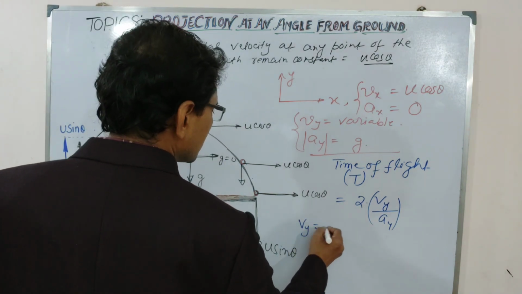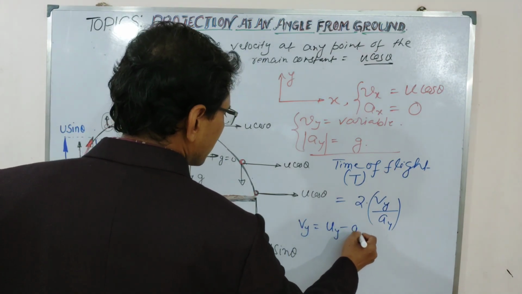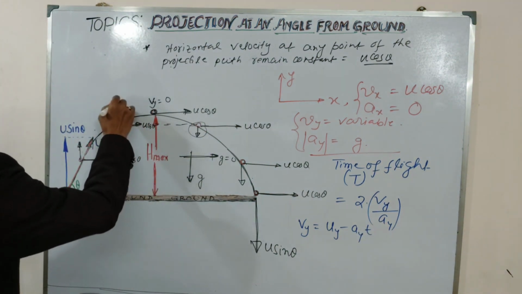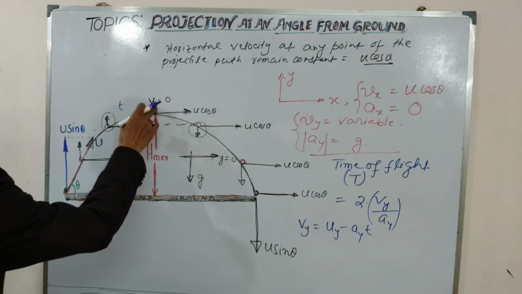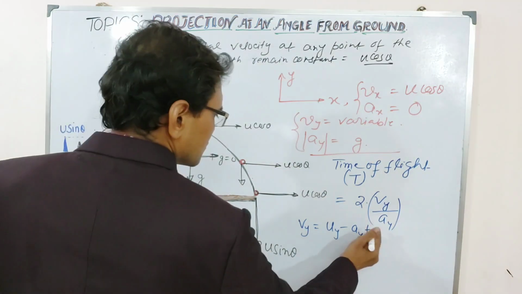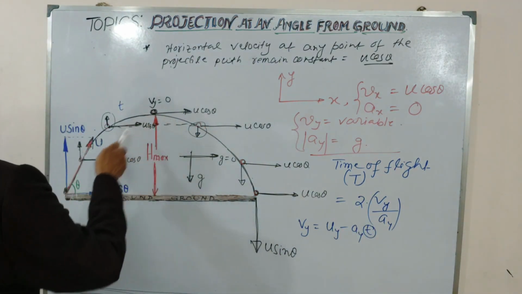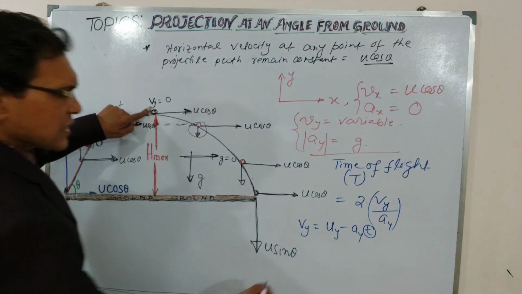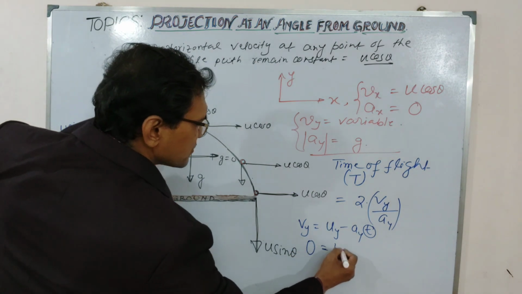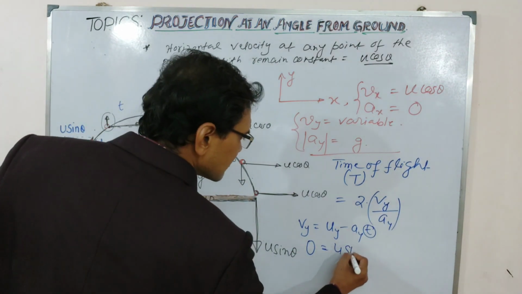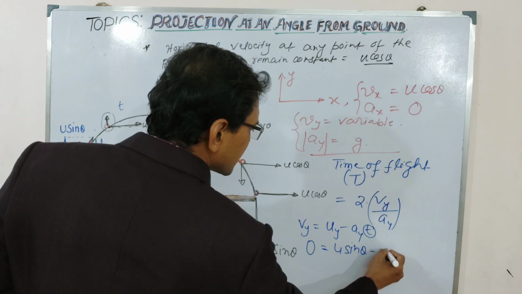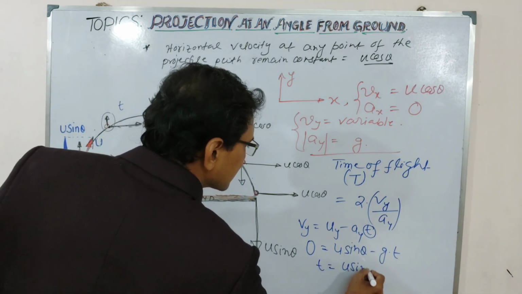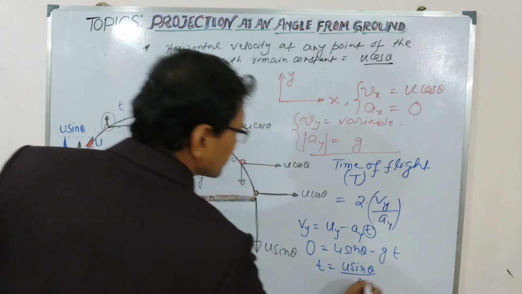If we take v equal to u minus ay into t, we get the time taken to reach the maximum height from the ground, equal to t. So here the final velocity becomes 0, so this becomes 0. Uy becomes u sin theta. Ay becomes g. So t equal to u sin theta by g.